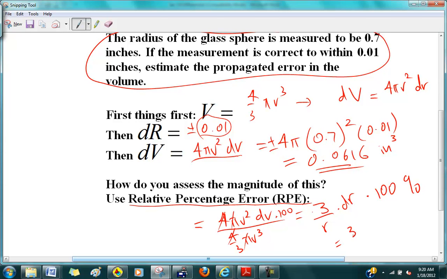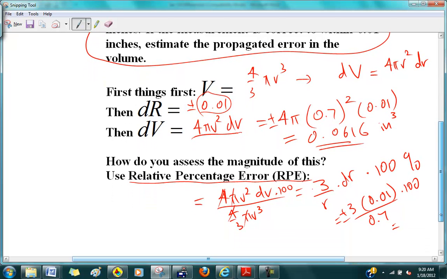So this is going to be 3 times dr, which we agreed was 0.01, over r, which we agreed was 0.7, times 100, plus or minus. Can you chug on that and give me a number?